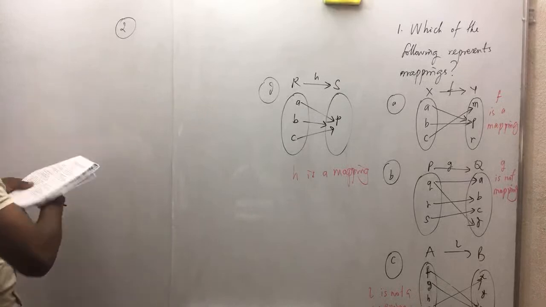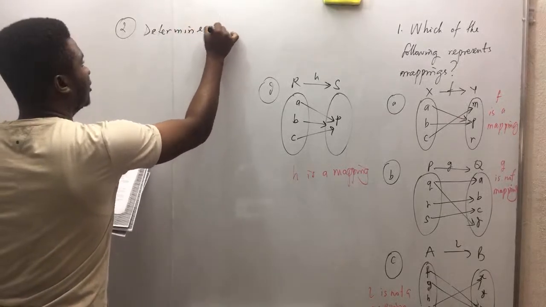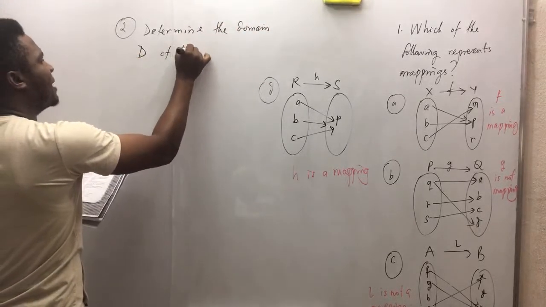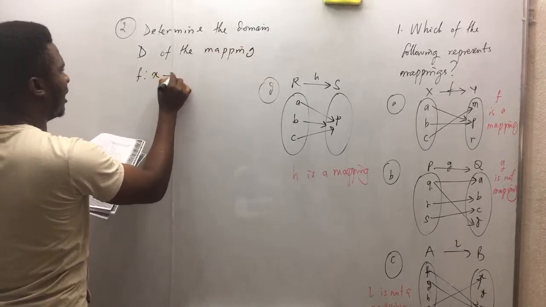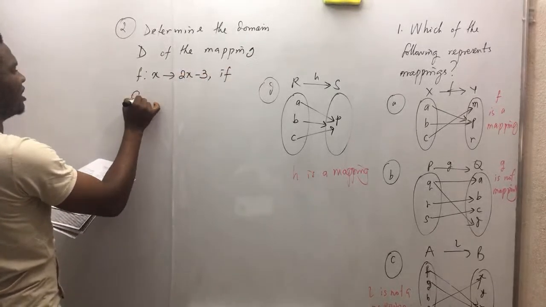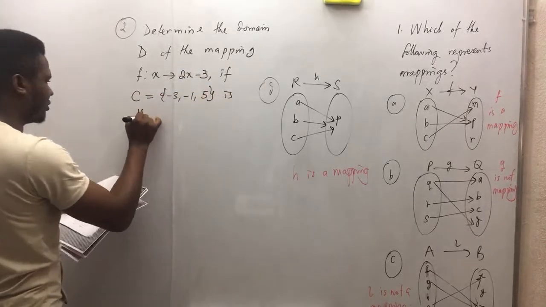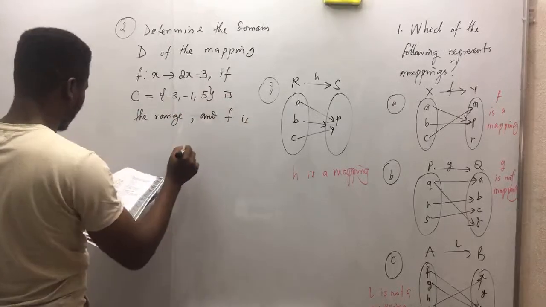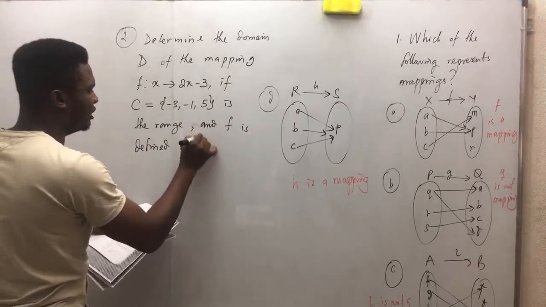Question number 2 says, determine the domain D, capital D, of the mapping f from x, f of x equals 2x minus 3, if C equals {-3, -1, 5} is the range and f is defined on D, the domain. Okay?